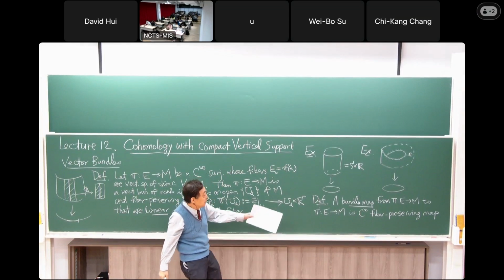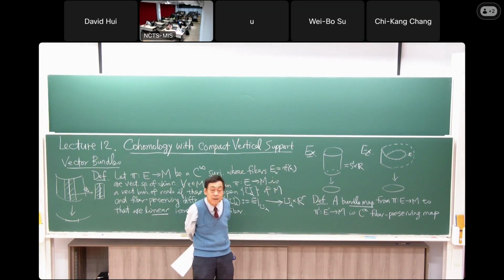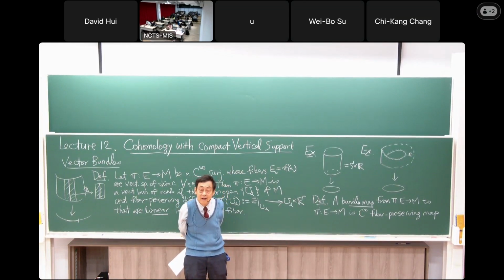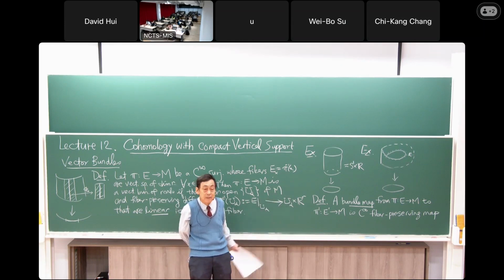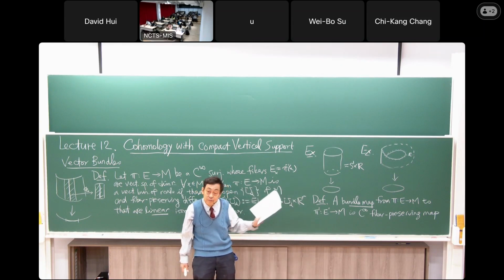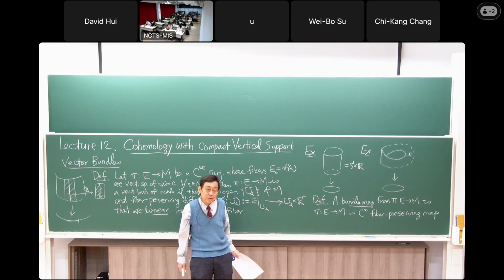It should be a C infinity fiber preserving map, and we're talking about vector bundles. If you are talking about morphisms of fiber bundles, then the map just has to preserve the fiber.